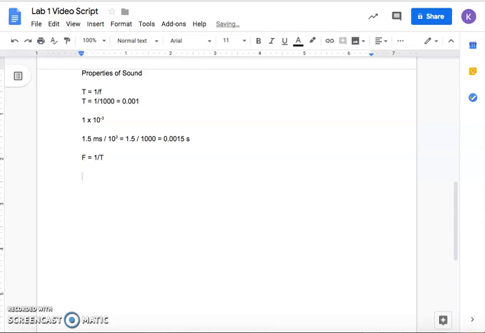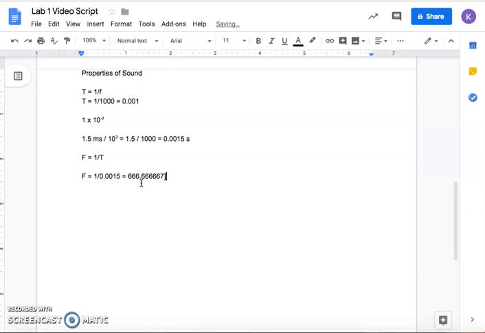Let's put our numbers in: frequency equals 1 over 0.0015, and we do that math, which comes out to 666.666 repeated. So we get 667.